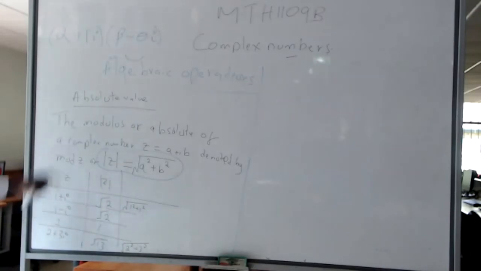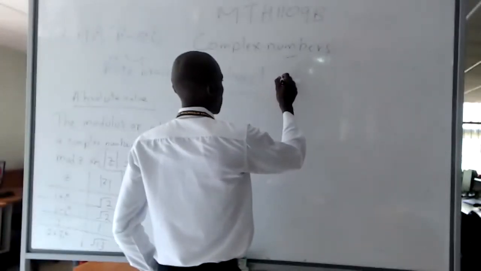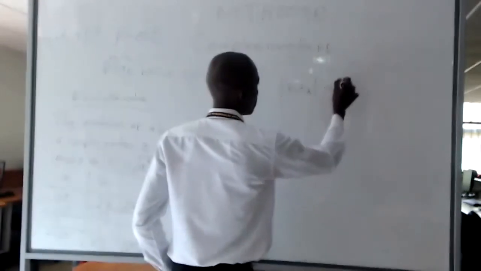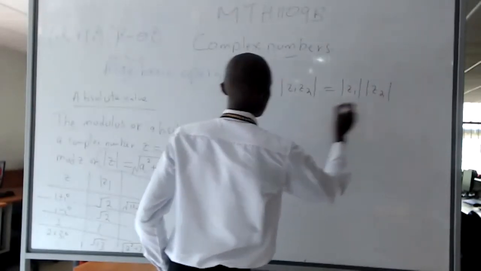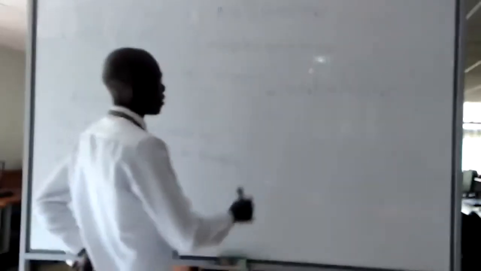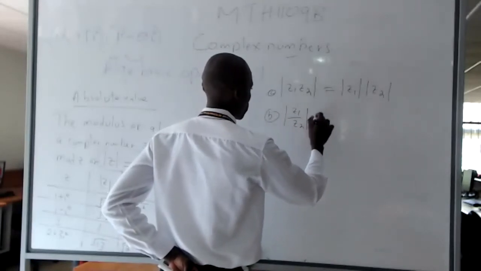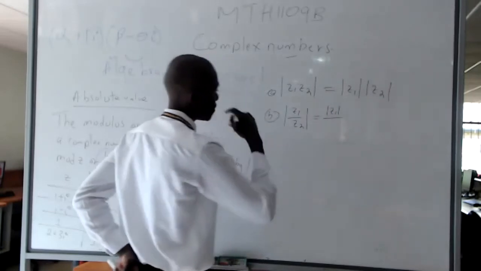Good. So now, if you check the class notes, there are some properties of absolute value. Maybe I can just list them. You have Z1 and Z2. Absolute value of the product is the product of the absolute values, and you can generalize this to any number of factors. We also have the absolute value of a quotient, although we have not done what a quotient is, so I'll show you later how to do a division.